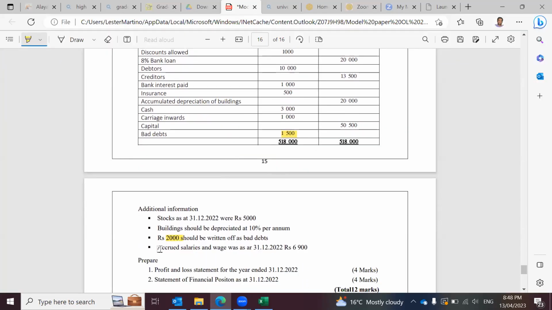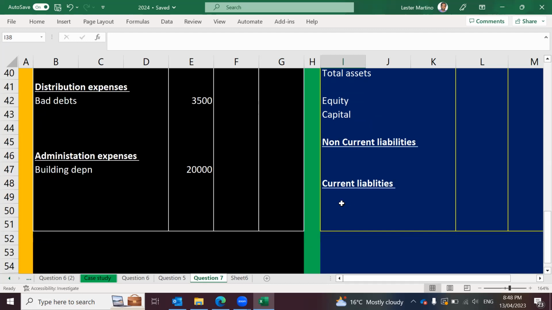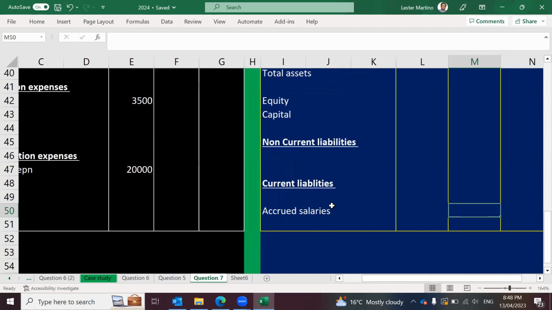Next one. Accrued salaries and wages as at the closing date, 6,900. So go to current liabilities, leave the first line blank, then write it down: accrued expenses, accrued salaries. Second column, 6,900.